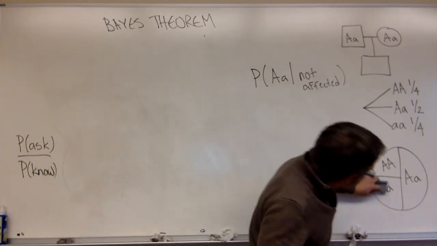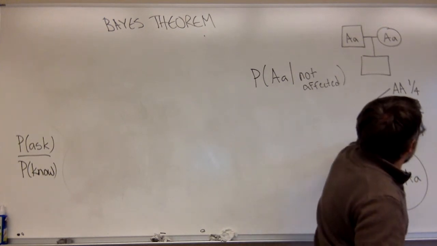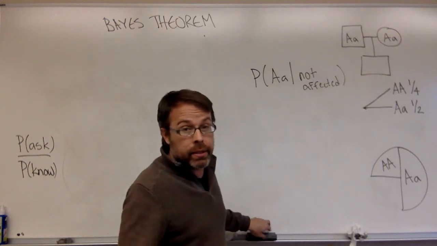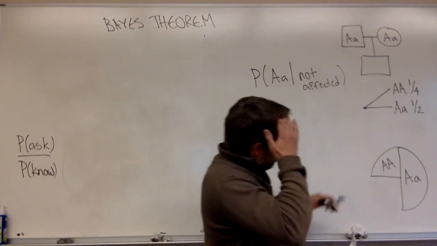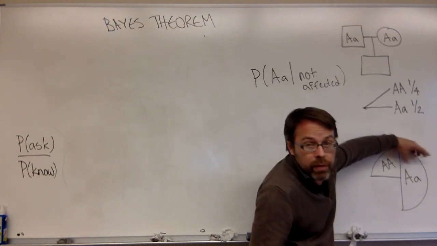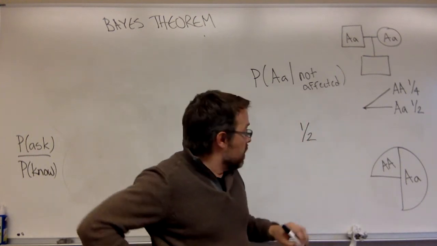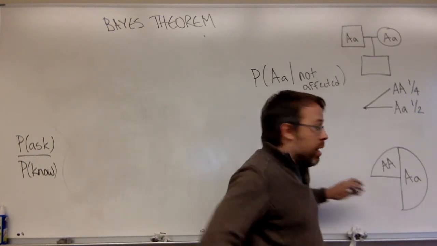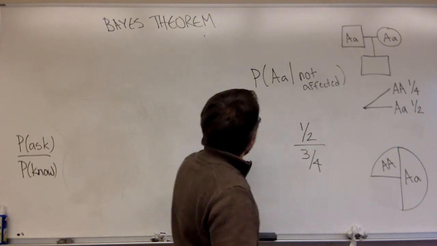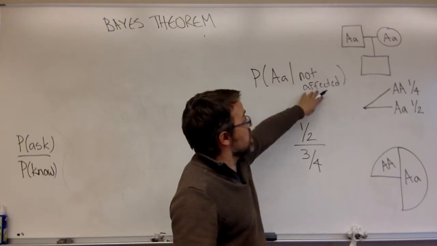And so that means that we can erase this little a, because we know that didn't happen because this individual is not affected. And so then what we're left with is this part where the individual is a carrier, so that's 1/2 of our total pie, divided by our total remaining pie, which is 3/4. So we can write that as the probability that the individual is a carrier, given that they're not affected.